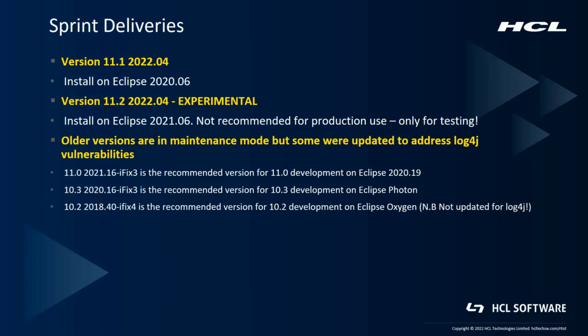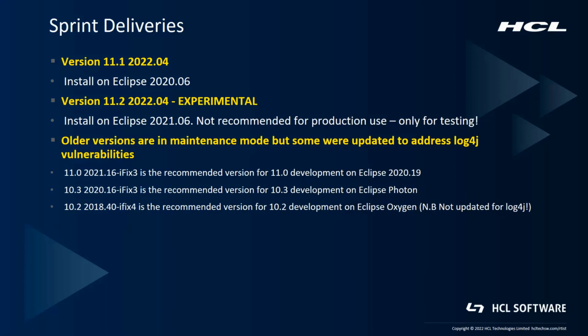And here is a summary of the deliveries we will make now after this sprint. So there will be another version of 11.1, 2022-04 to be run on Eclipse 2020-06. And then, as I said, first version of 11.2 experimental to be used together with Eclipse 2021-06.